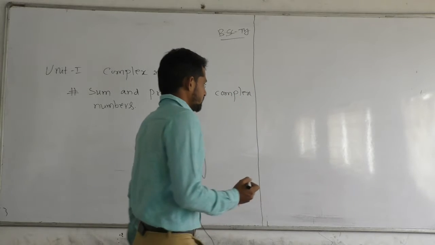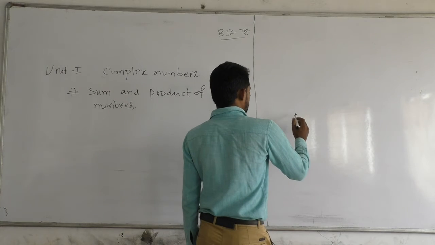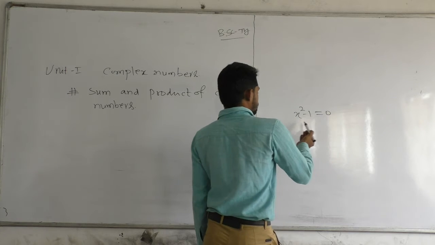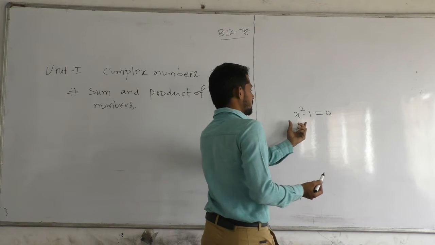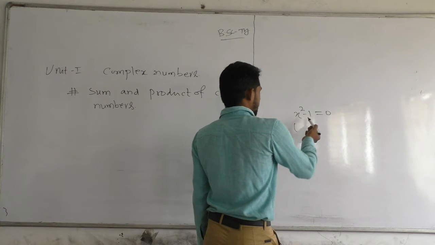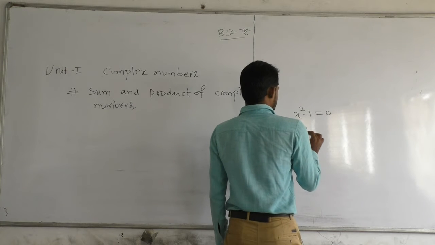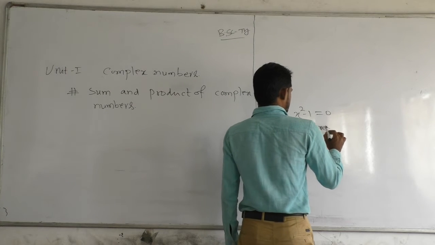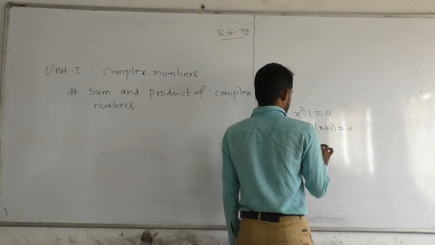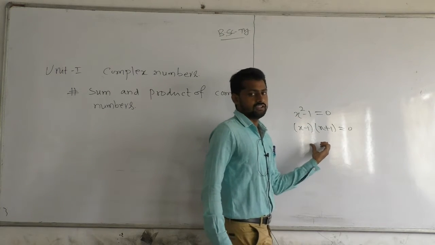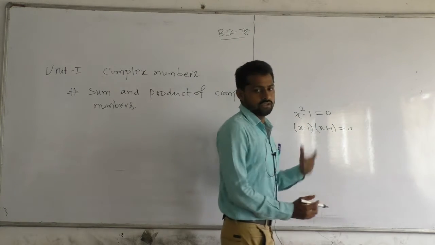Now, consider one polynomial of degree 2, x square minus 1 is equal to 0. In the set of real numbers, we can factor this polynomial linearly as x minus 1 into x plus 1 equal to 0. Hence, if the product of two real numbers is 0, then any one of these is 0.